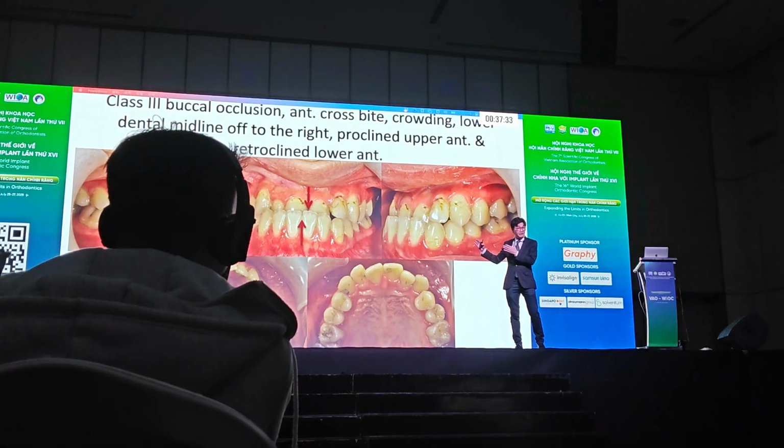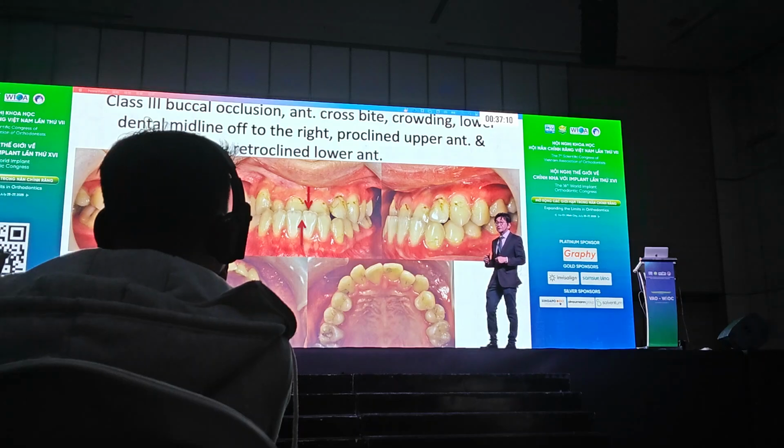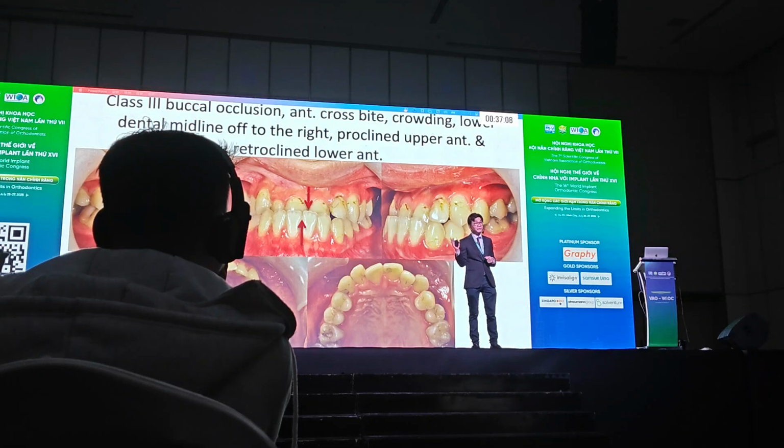You can see especially on the left side, class 3 canine, a whole tooth width difference. That means if you want to retract the lower canine, you have to retract a whole tooth width. That's a lot. Then you will believe, no, I won't be able to do it. Let's have jaw surgery, because you are thinking in occlusion. You are thinking about how I can move the teeth to fit into the crossbite.